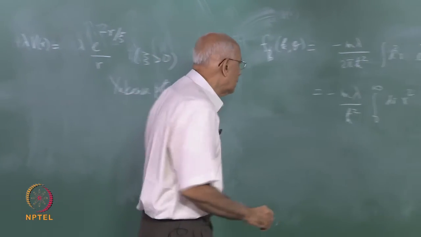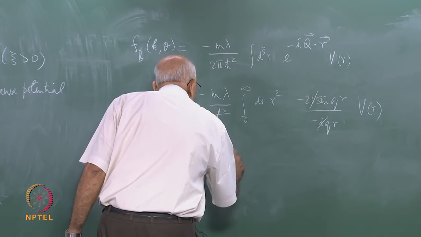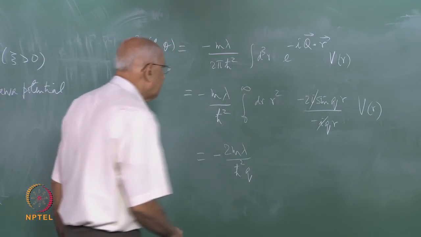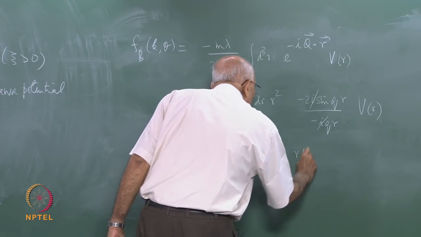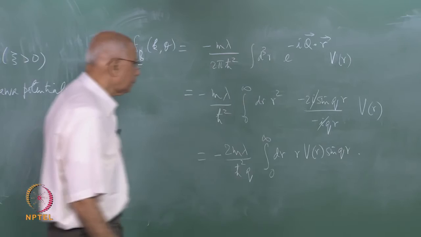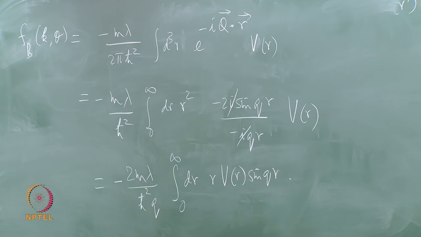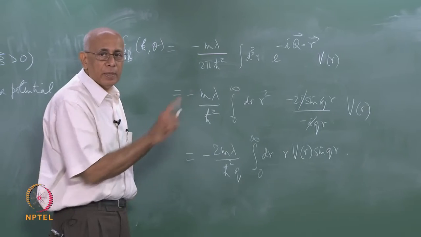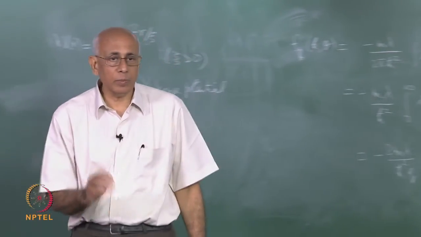The i cancels out, and it is equal to minus 2m lambda over h cross squared q, and then an integral 0 to infinity dr r v of r sin q r. Now that is a very simple formula. You give me a v of r and I do this integral. That is the scattering amplitude in the Born approximation. The mod squared of it gives me the differential cross section, and after that I have to integrate over theta to get the total cross section in the Born approximation.